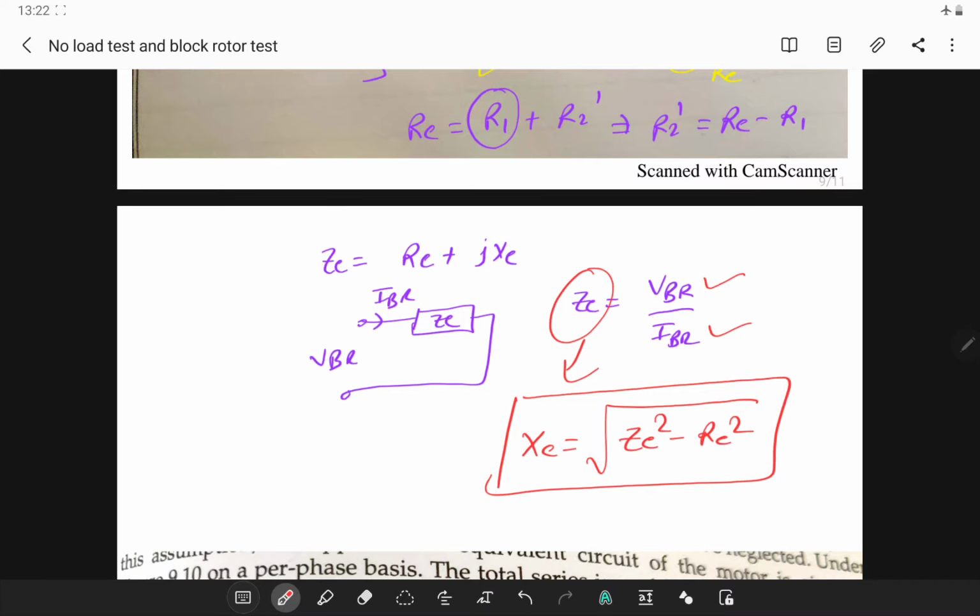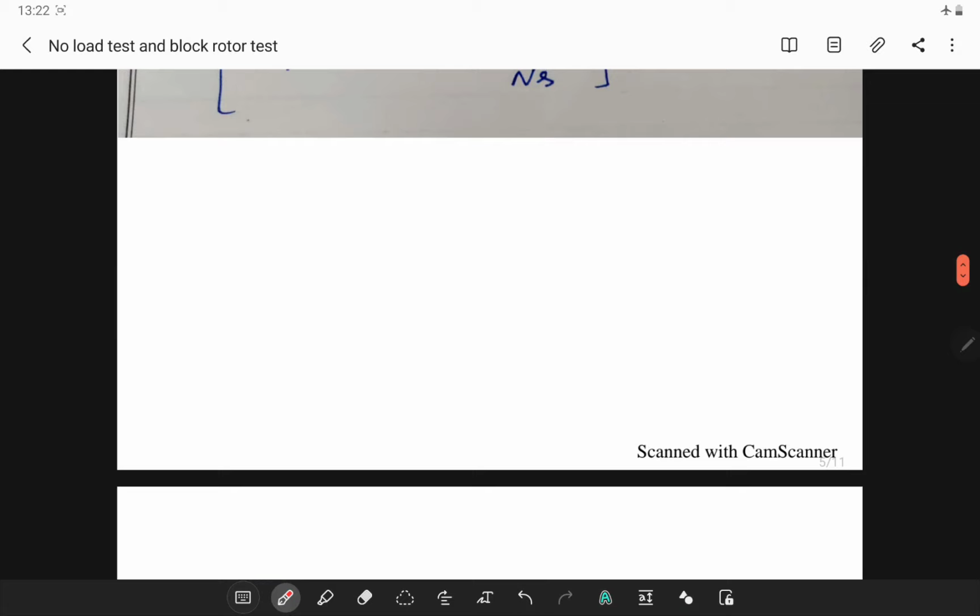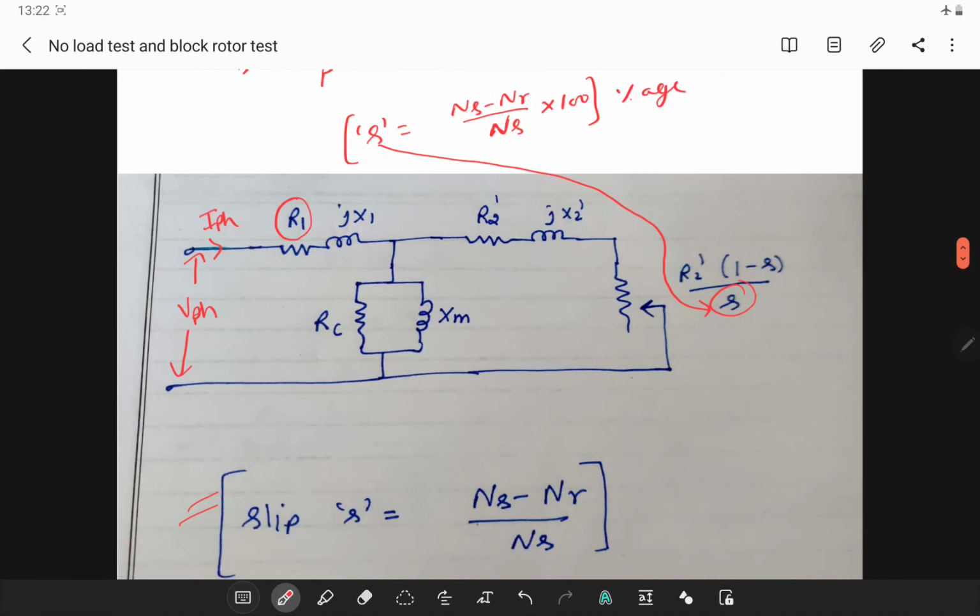You can easily find the value of Xe. So if I see the equivalent circuit, I have found the value of R1 by using the stator resistance test. I have already found the value of Rc and Xm by using the no load test, but I have found the value of X1 and X2 together, that is X equivalent.